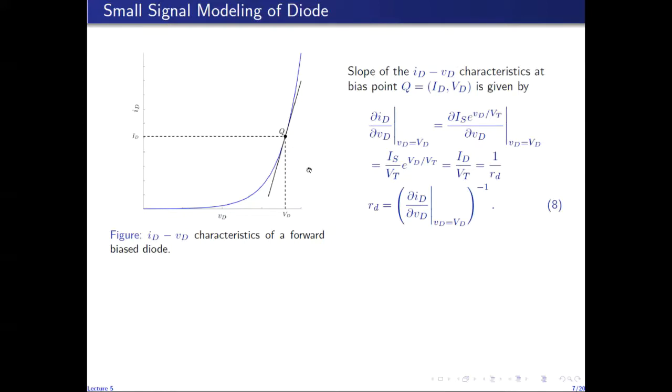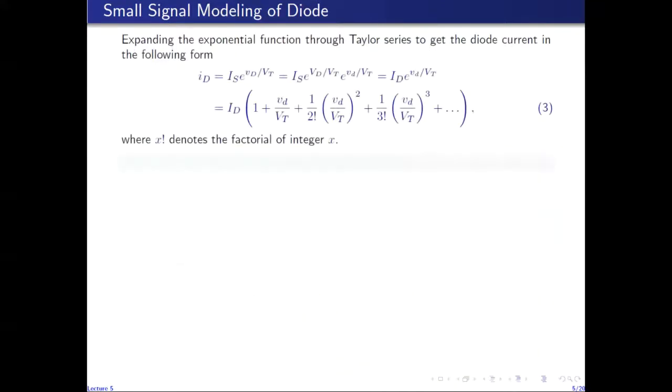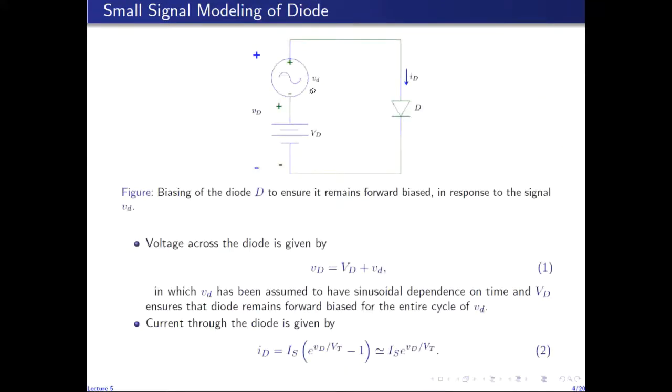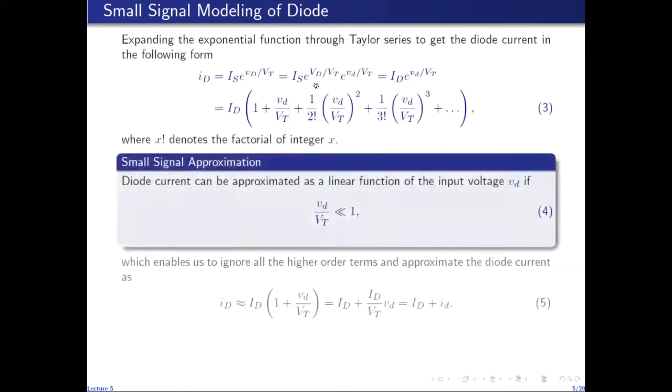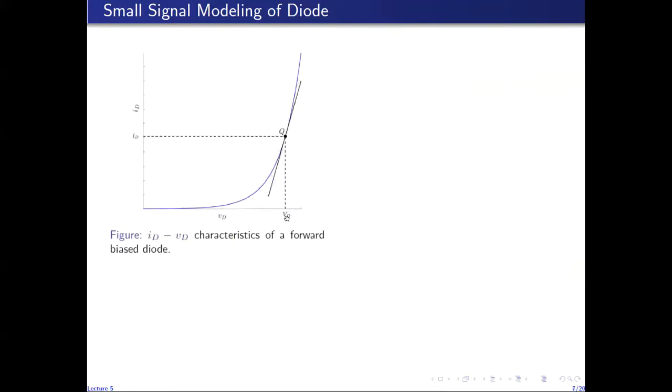So graphically, what happens is that when we apply a small vd on top of VD, so let me go back to the circuit. When on top of this biasing voltage VD, which properly biases the diode, we apply this small vd, assuming that small vd is sinusoidal, then the input voltage is a sine wave riding over this black line, meaning that the input voltage is a sine wave having this capital VD as the DC offset, which generates an output current, which will be a sine wave riding over ID.